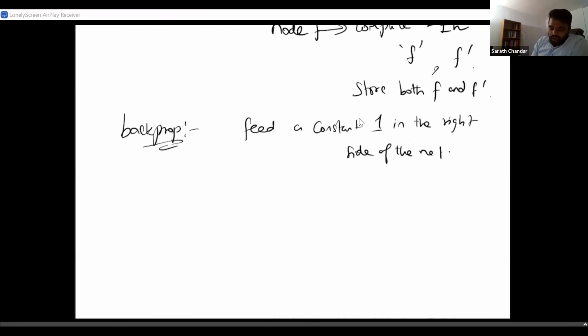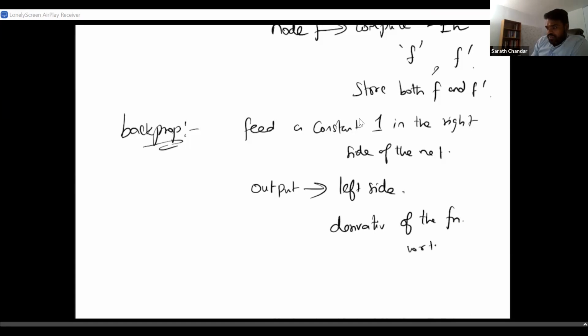And whatever output that you get on the left side, right? That is basically the derivative of the function with respect to input x.